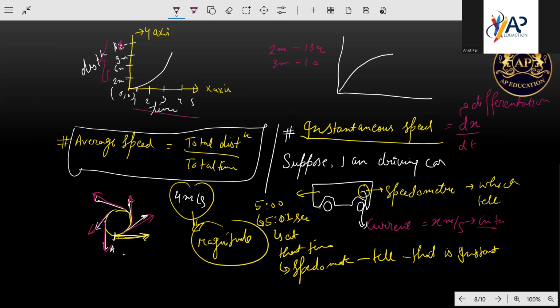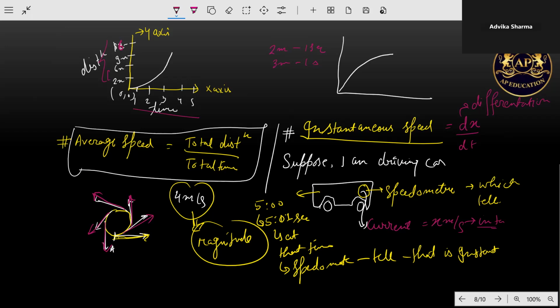I think now it's clear. But speed does not have direction. That's why in circular motion we can say the magnitude of speed and the magnitude of velocity is constant, but velocity continuously changes at every point.